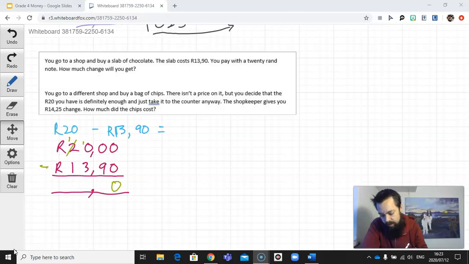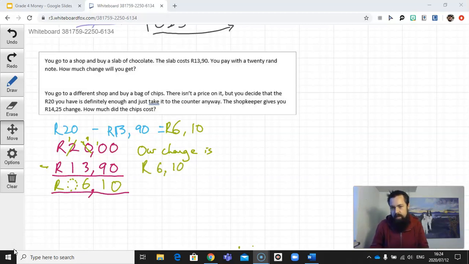So it becomes a 1, this is a 10, cross out the 10 and it becomes a 9, so we can lend to this guy. 10 minus 9 is 1. So you notice that it didn't make any difference that there was a comma there. We did it just like we do normal addition and subtraction. 9 minus 3 is 6. 1 minus 1 is nothing. We could put a nothing there, but it's like a ghost nothing. It's meaningless. So that means that our change is R6,10. So 6 Rand and 10 cents.